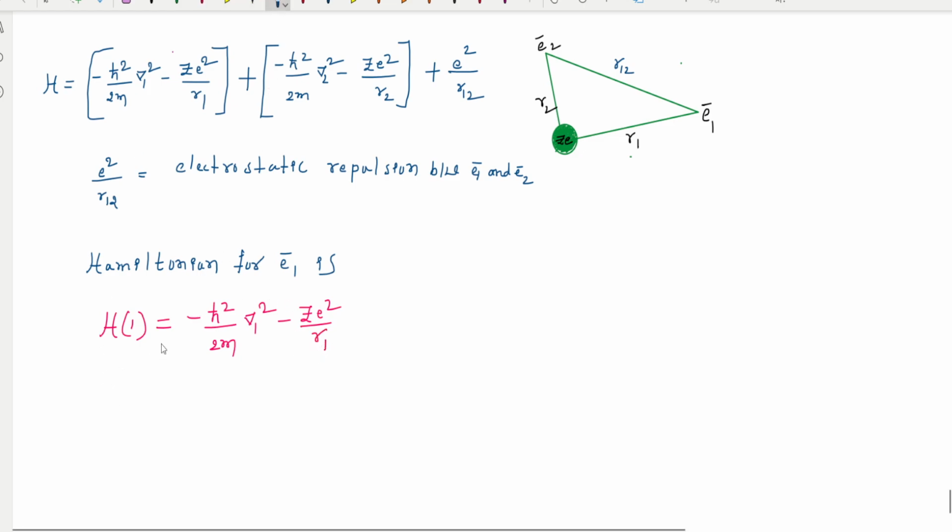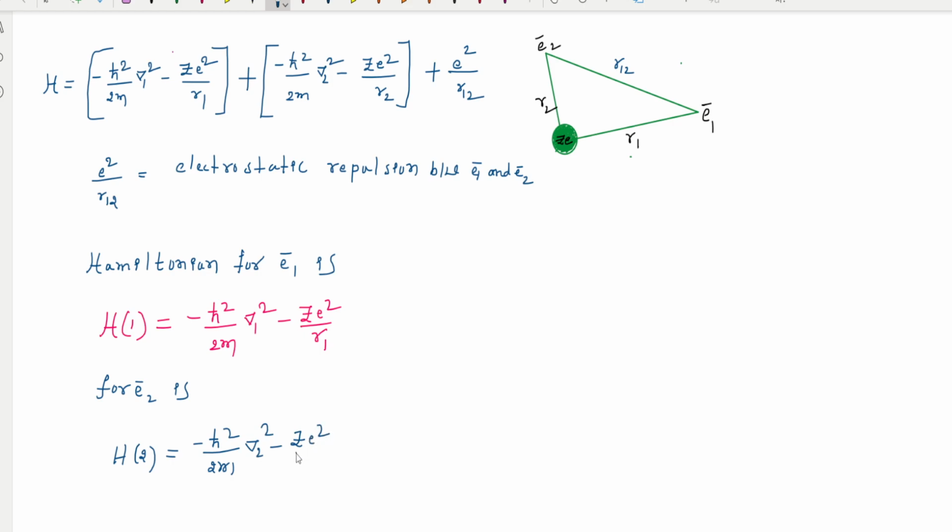For the second electron, the Hamiltonian H2 equals minus h cross square divided by 2m del 2 square minus Z e square divided by r2.